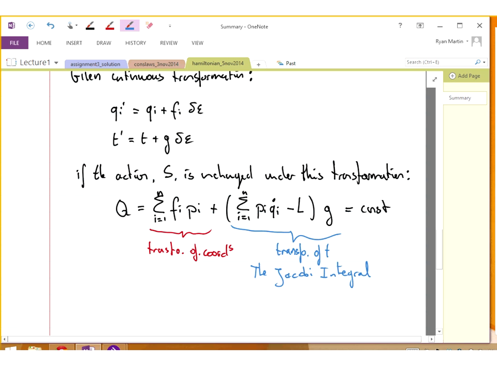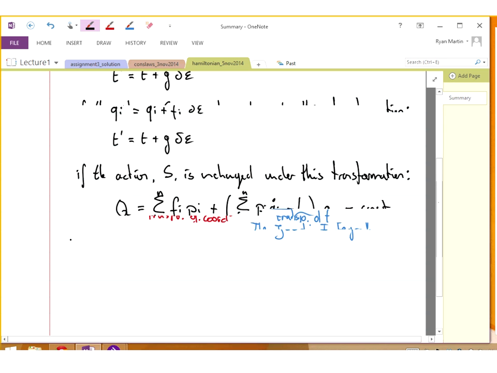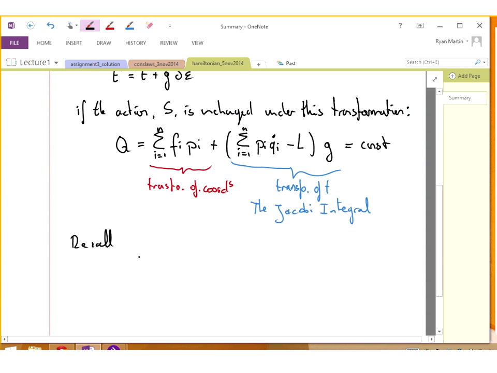Recall that if dL by dt equals 0, so the Lagrangian doesn't depend explicitly on time, then we define this quantity H, the sum from i equals 1 to n of ∂L by ∂qi dot times qi dot, minus L, which was equal to a constant.